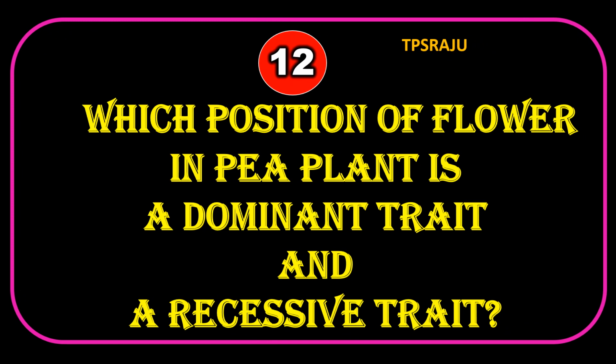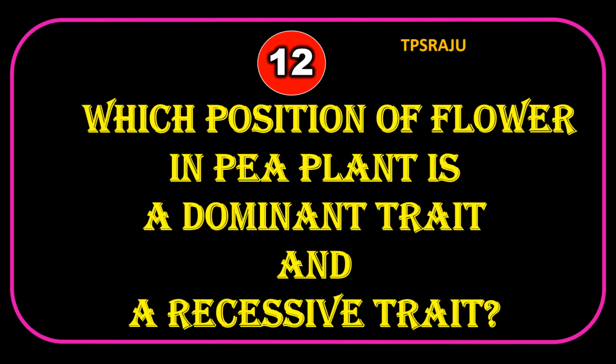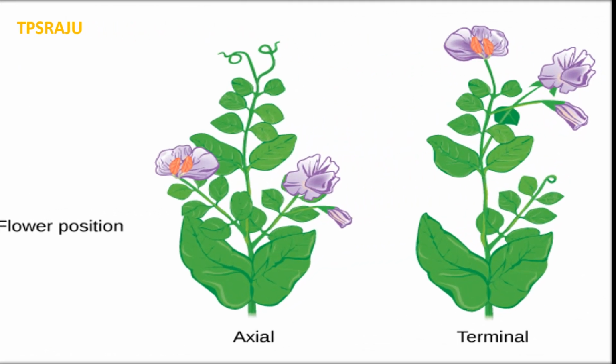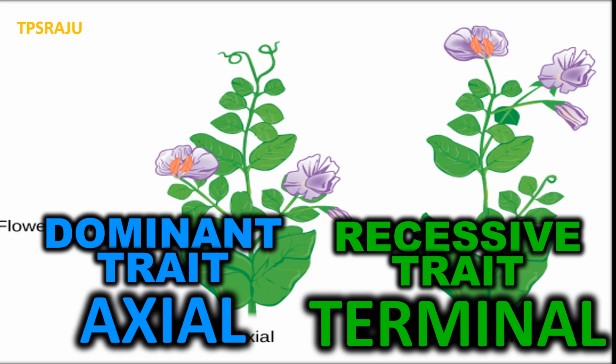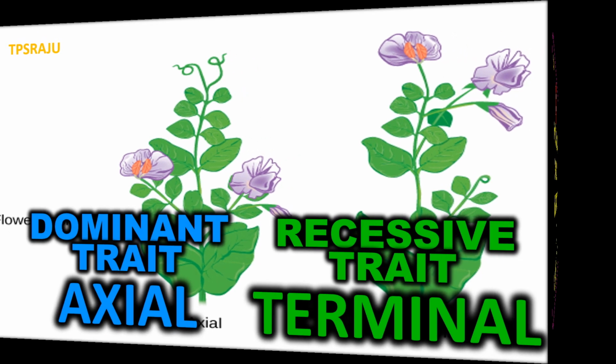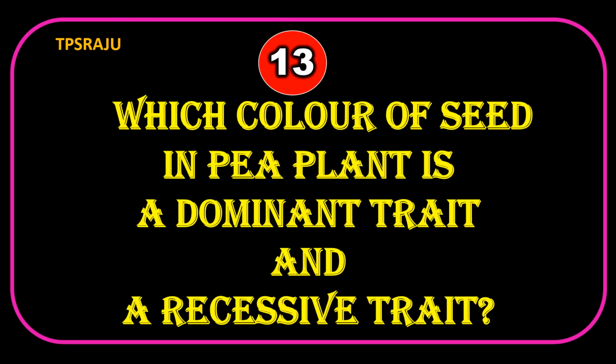Which position of flower in pea plant is a dominant trait and a recessive trait? Dominant trait is axial. Recessive trait is terminal. Which color of seed in pea plant is a dominant trait and a recessive trait?